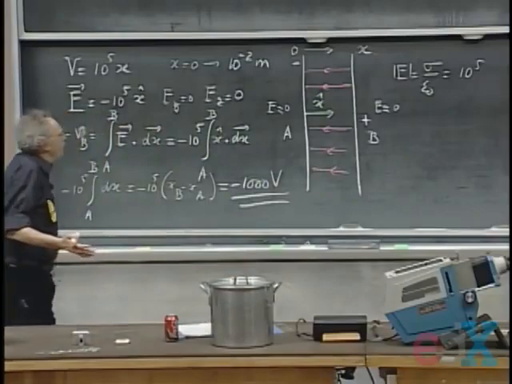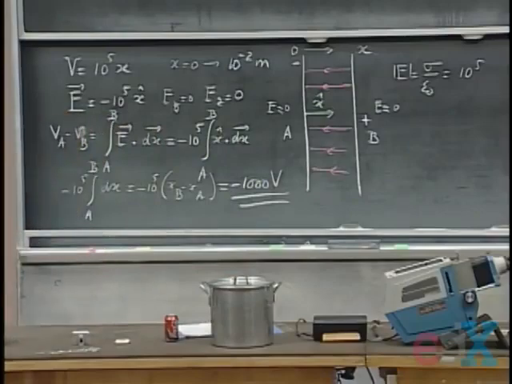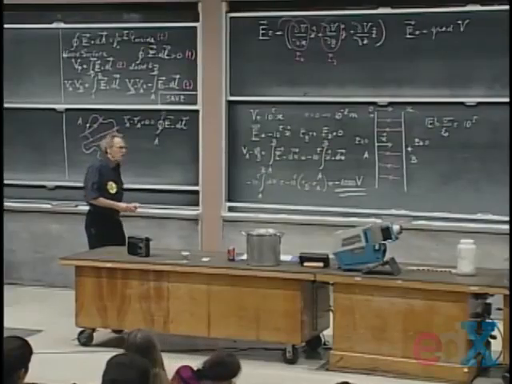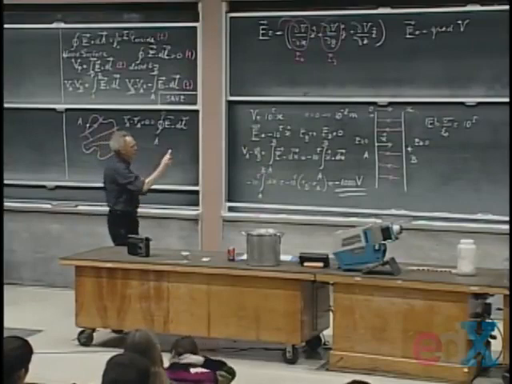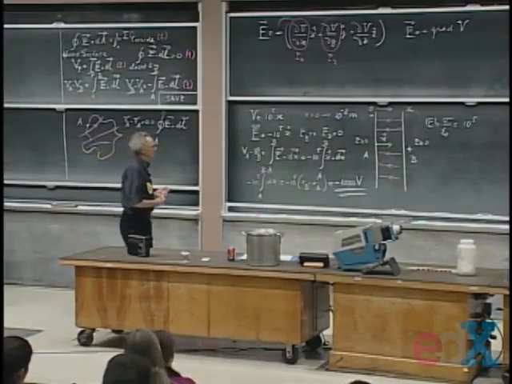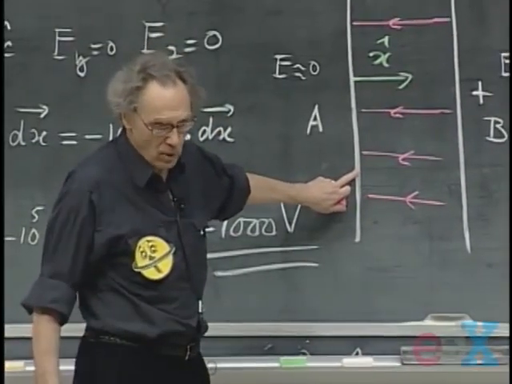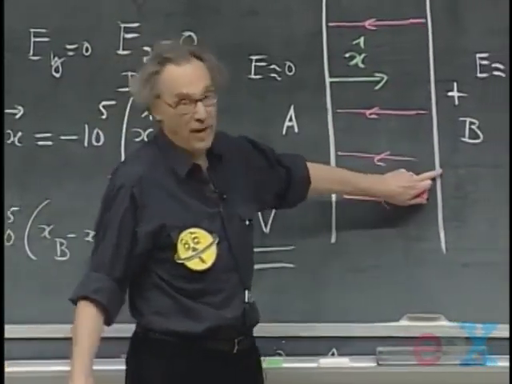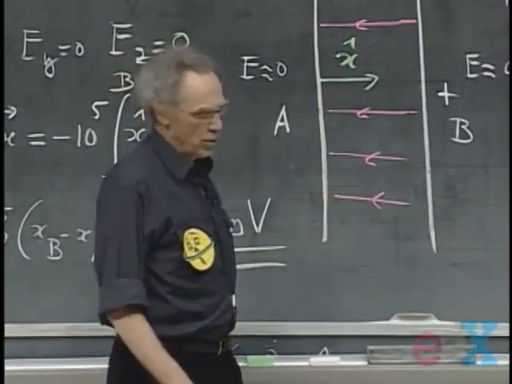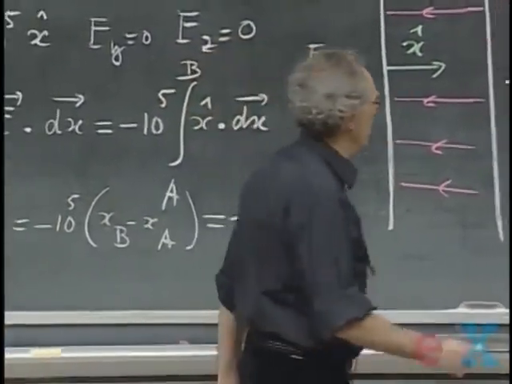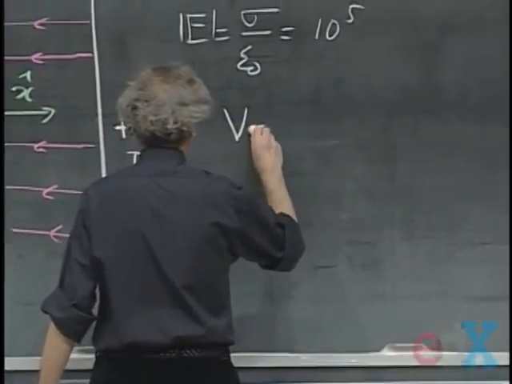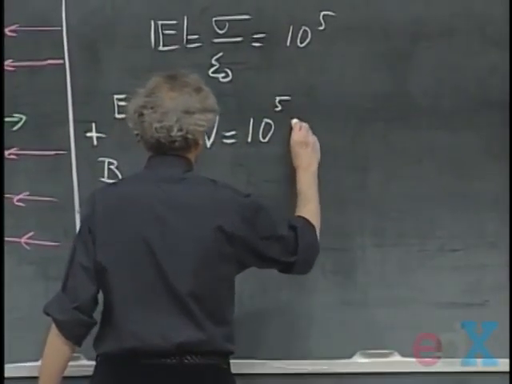Now, clearly, I'm always free to choose where I choose my zero potential. We discussed that last time. You don't always have to choose infinitely far zero. So I could choose this arbitrarily to be zero potential. This would then be plus 1,000. And so you then find that the potential V is simply 10 to the fifth times x.